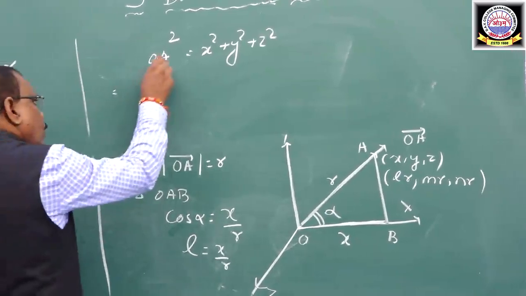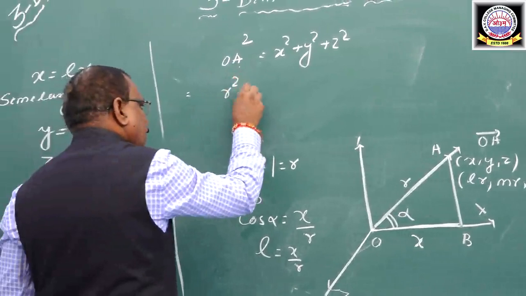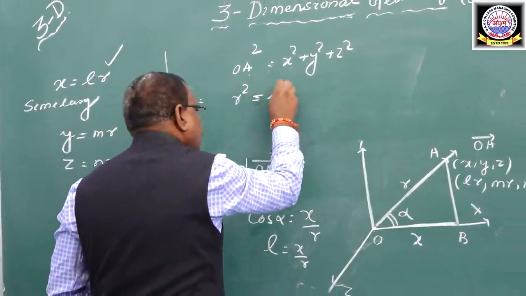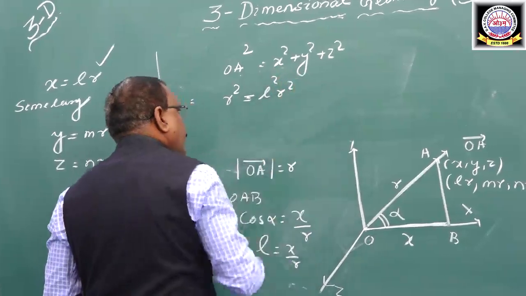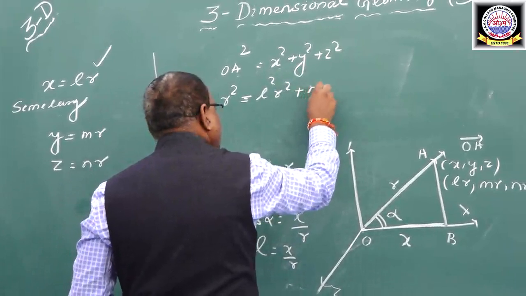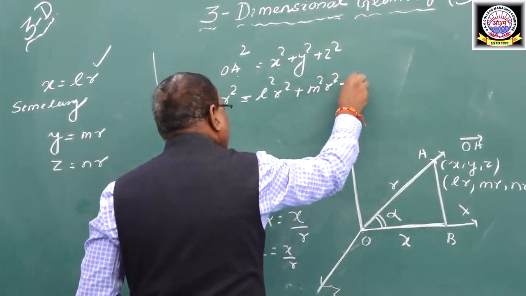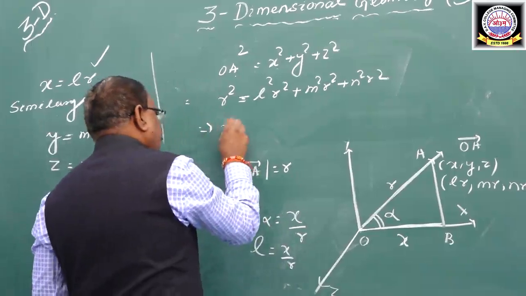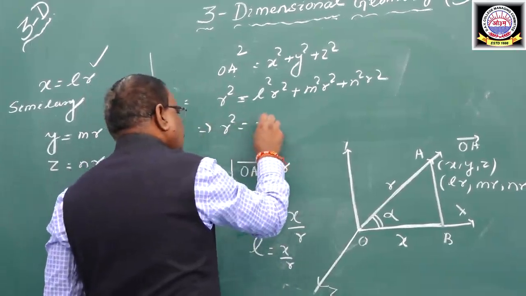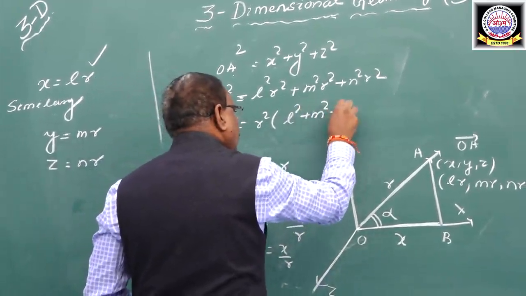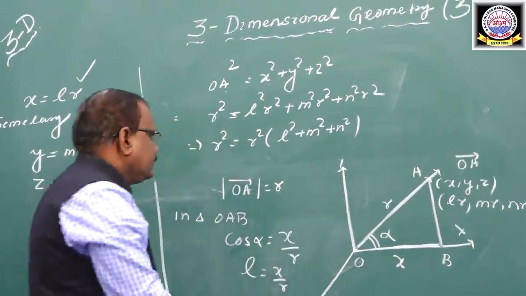Put the values. OA means r square, x is already LR, that is L square r square, y is MR, m square r square, n square r square. Then r square is equal to, taking r square common, L square plus m square plus n square.